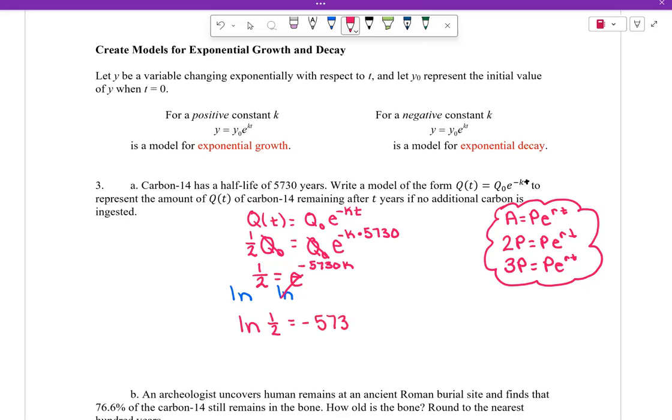Negative 5730k. And then to divide by that, we will get our k. So natural log of 0.5 divided by that negative 5730.